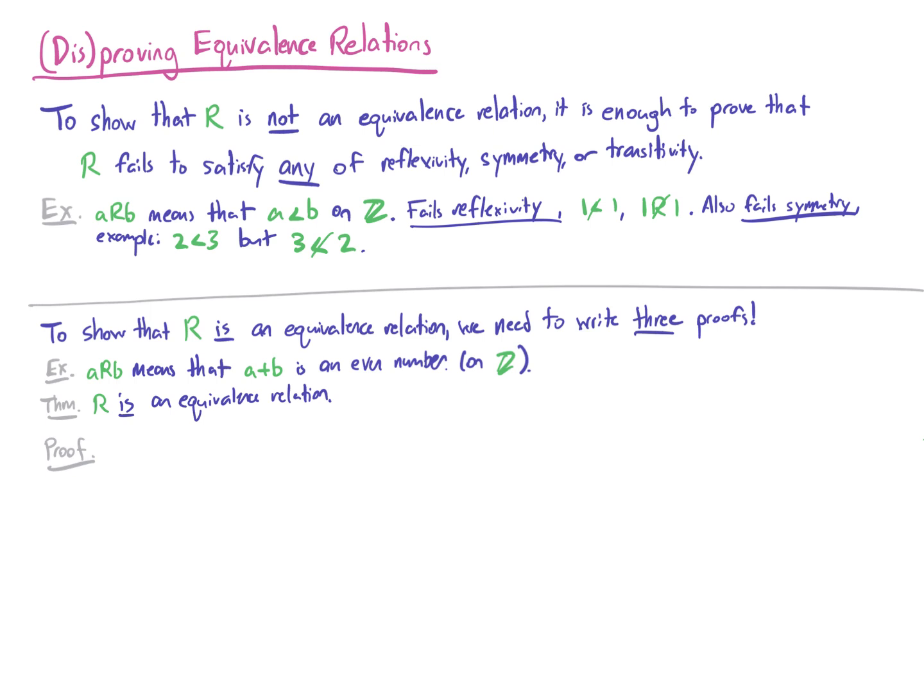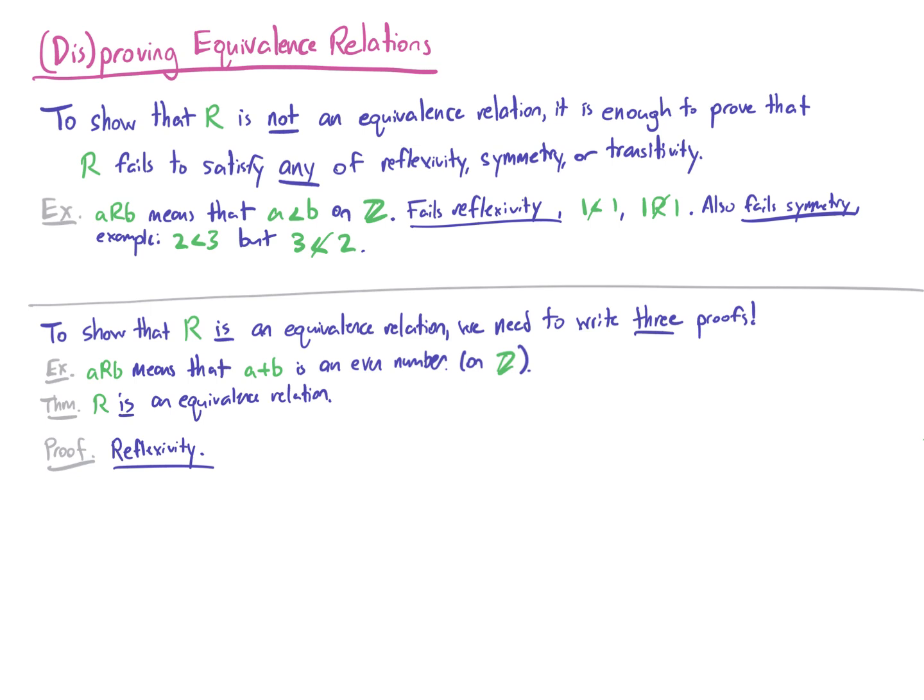Okay, so first mini-proof is for reflexivity. To do this, I'm going to do direct proofs, and I'm going to do relatively short direct proofs where I'm skipping a few of the mechanical statements that we sometimes make.